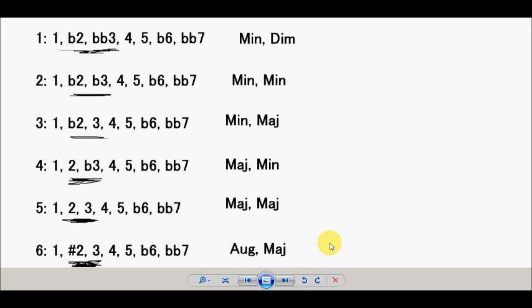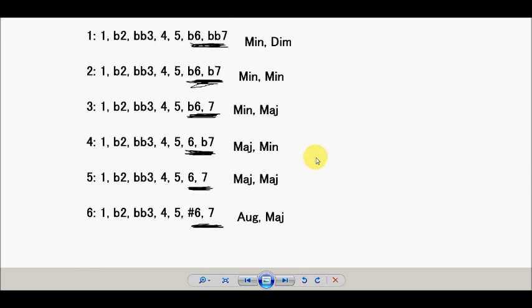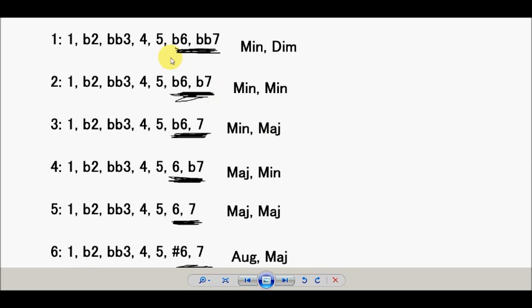And these are the first scales of the first 6 groups of scales. And as I said before, if you want to go from scale to scale, you change the 6th or the 7th degrees in the formula.